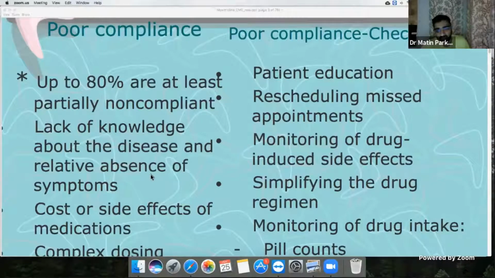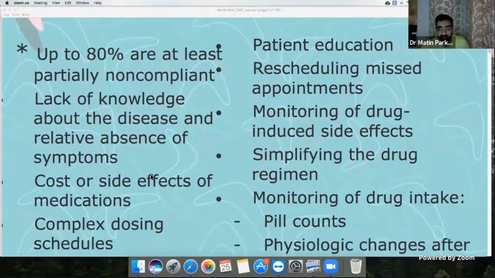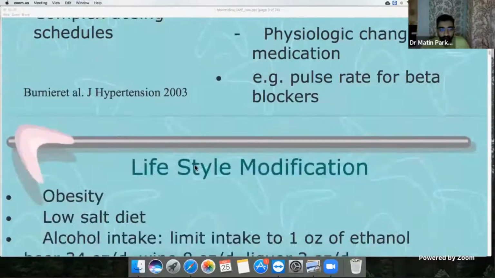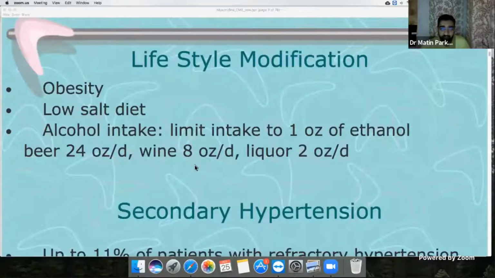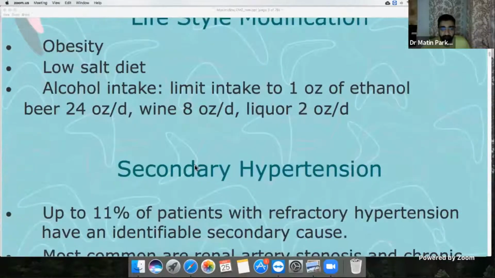You have to check with all the patients on a daily basis whether they are taking pills properly or not. You have to ask during the follow-up, then only will you come to know with the history. Lifestyle modification, obesity and low salt diet, alcohol intake, these are very common associated problems along with resistant hypertension.